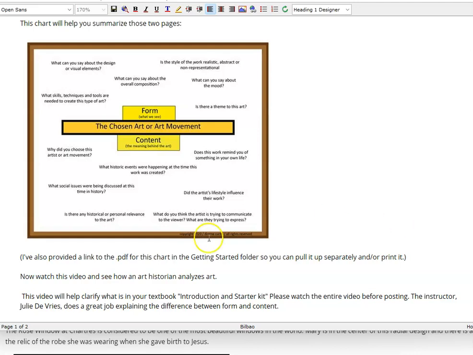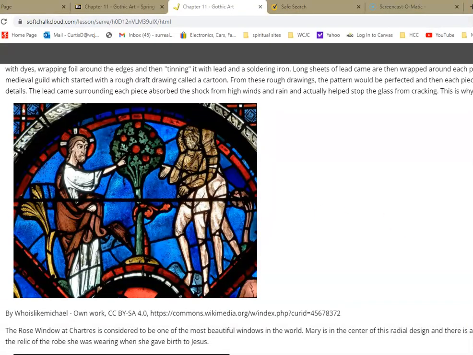So let's try it. This is the Good Samaritan window, a little section of the Good Samaritan window at Chartres Cathedral. It was made with the stained glass and glass painting technique. Notice the details in the faces. Definitely not stained glass. You cannot cut glass that precise and detailed.